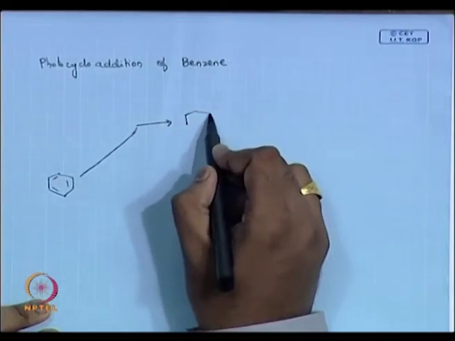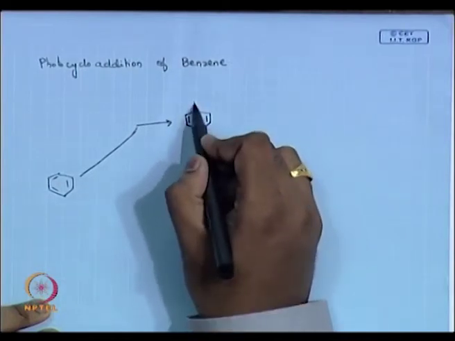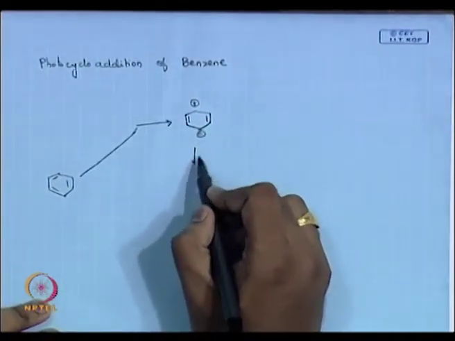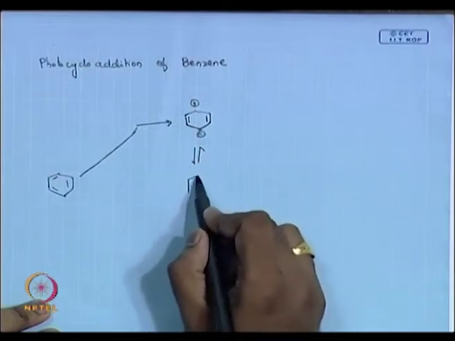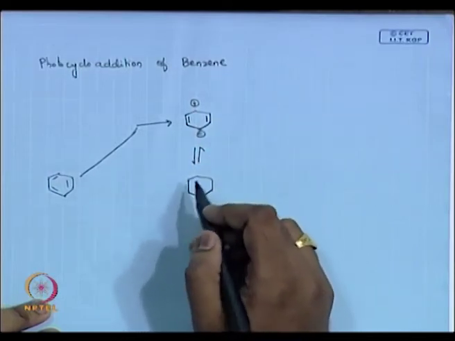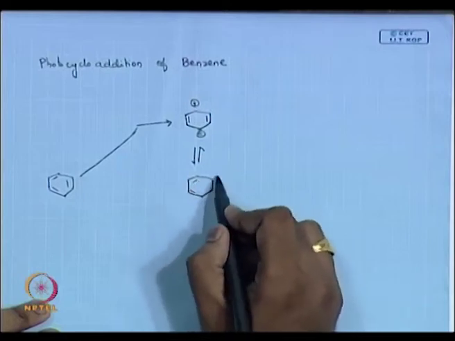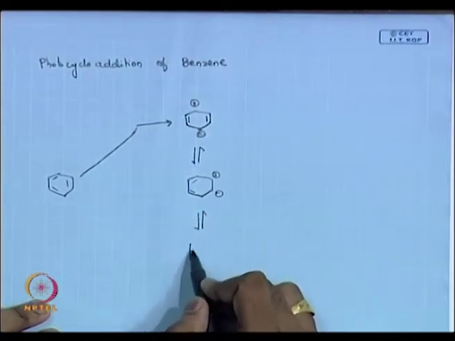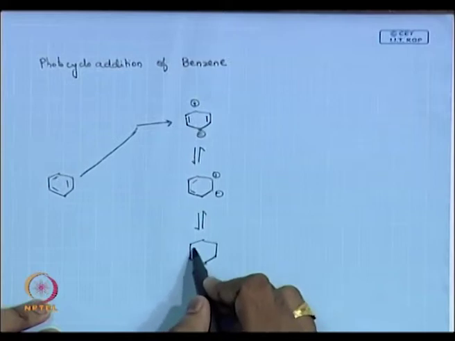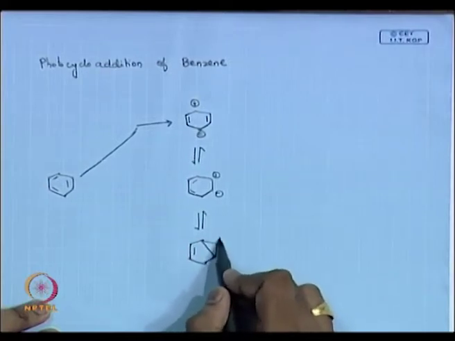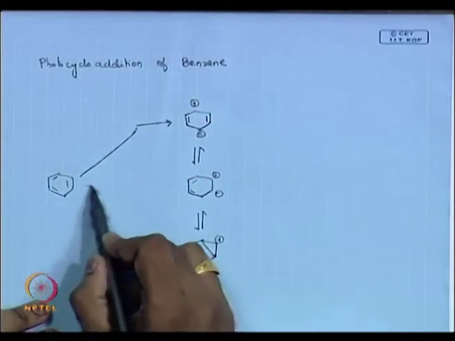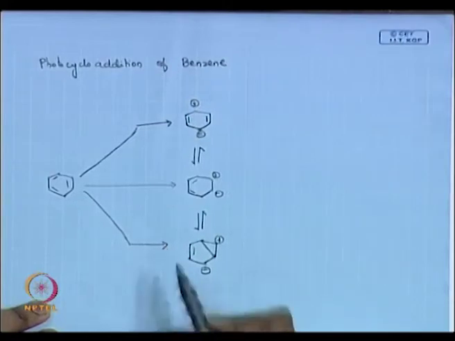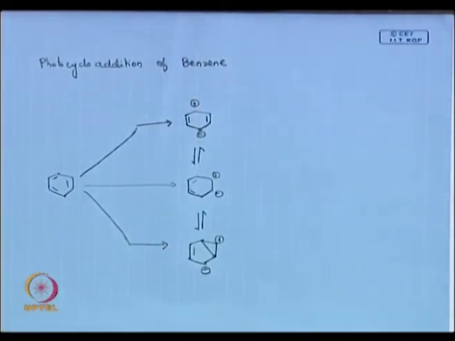I might end up with plus minus of this, right, which can be in equilibrium to these three forms that you know.